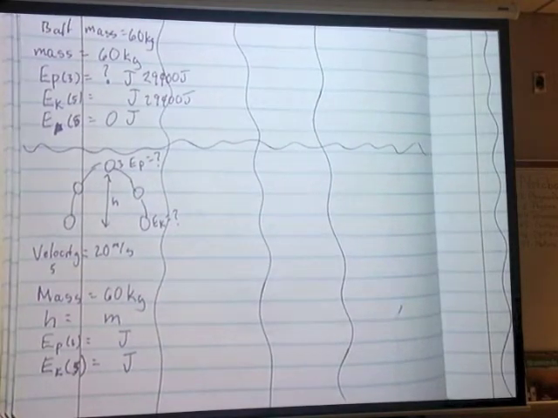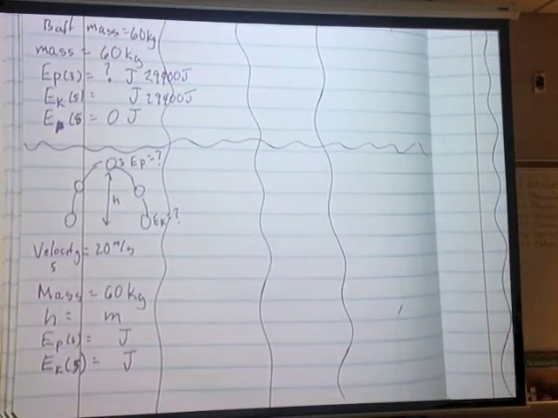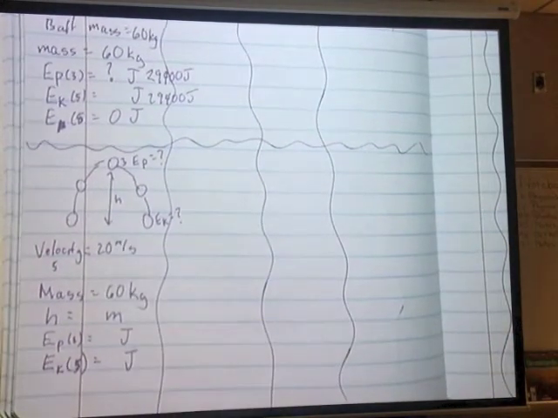Now looking at my formula. Well, if I look, I can't use the potential energy formula because I don't have H. I don't have EP. The only thing I have for potential energy is the mass and gravity. So I have two variables, so I can't use that formula.